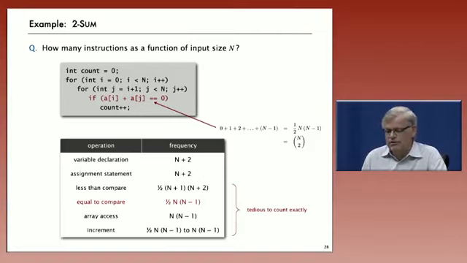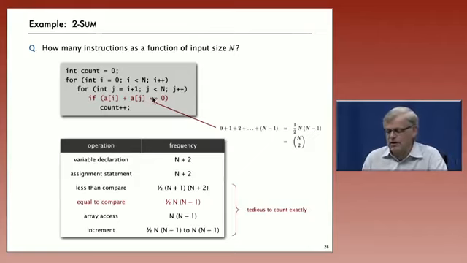Well, in this case, you have to do a little bit of math to see that when i goes from 0 to n and j goes from i plus 1 to n, the number of array accesses that we do is 2 for each time the if statement is executed for a[i] and a[j], and that statement is executed n minus 1 times the first time through the loop, and n minus 2 the second, and so forth.